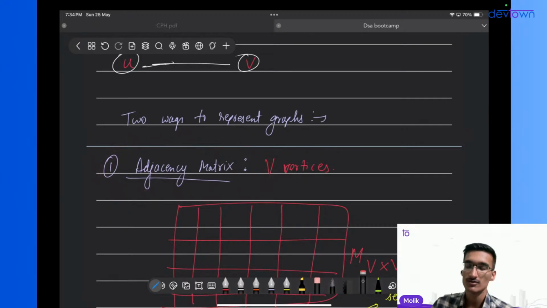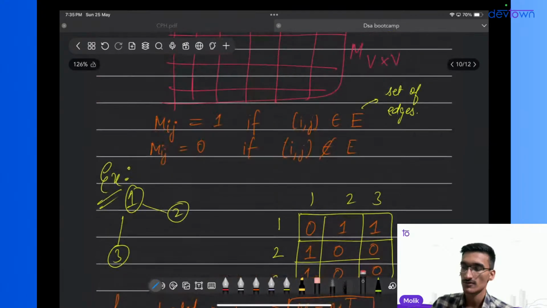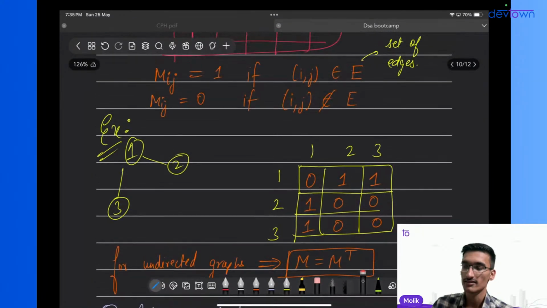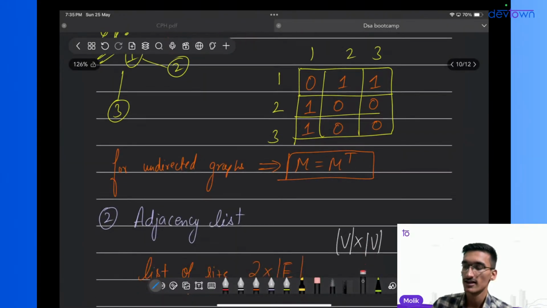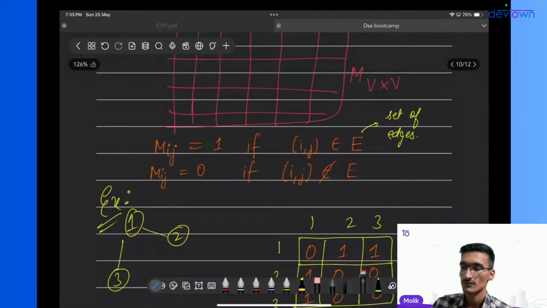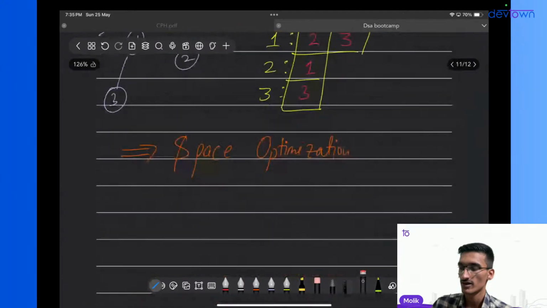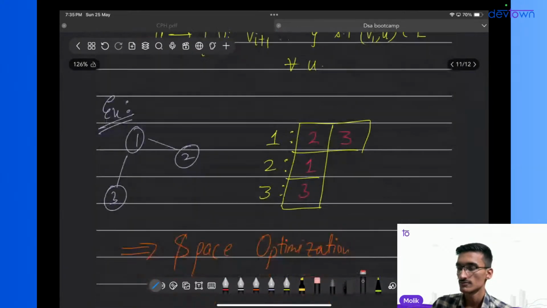But if your job is to manipulate the data, you are really concerned about the space complexity, then you go with adjacency list. So don't give a straightforward answer. It depends on the use case.